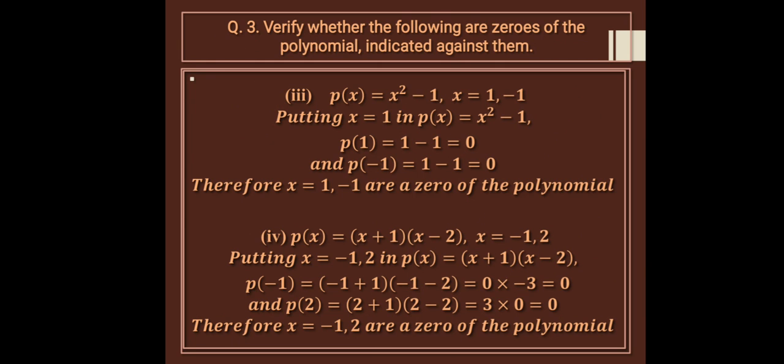If you multiply any number by 0, that is equal to 0. So the value of this is 0. If you put the value of x equal to 2, then 2 plus 1, 2 minus 2. Again 2 minus 2 equals 0. So the product of this is also 0. So both are zeros of the polynomial.